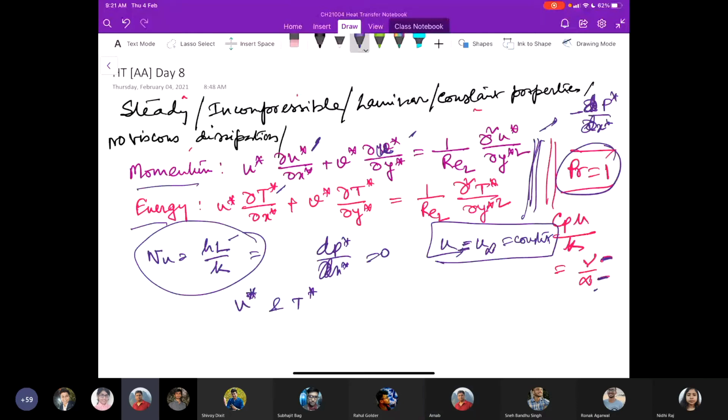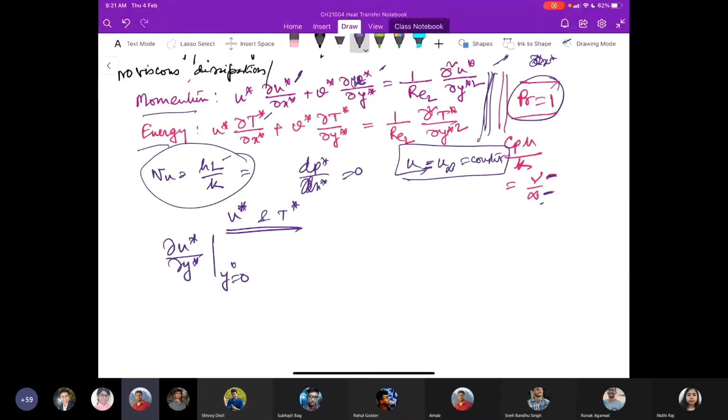Now, that means what? This means that the first derivative at the wall is the same.